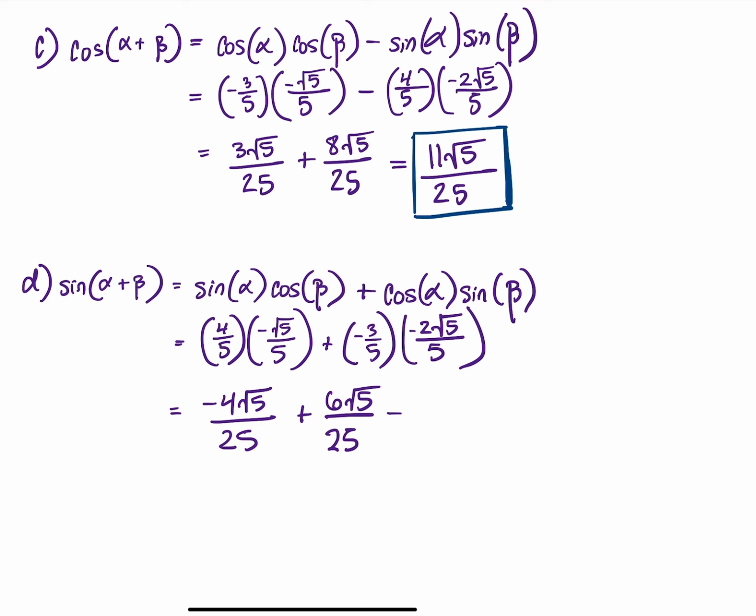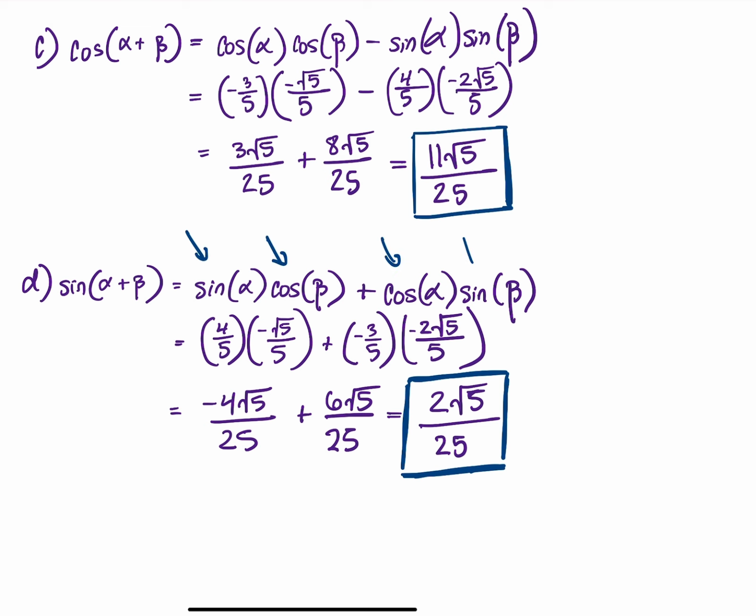So negative 4 plus 6 will give us positive 2, so 2 root 5 over 25. Yeah, for the sine, it's sine, cosine, cosine, sine, and then it's first angle and second angle.